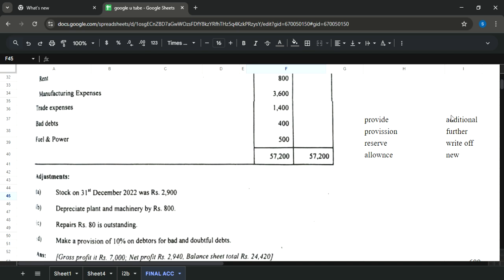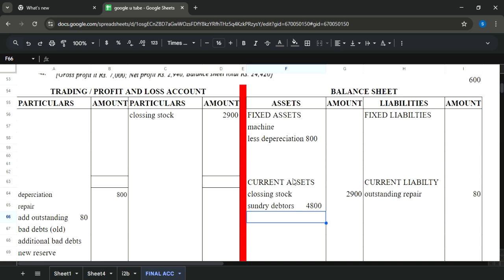As in the previous question, we have already discussed these four things. They are not present in your adjustment. Only N is present, that means new reserve is present. A, additional bad debts, is not present. But for practice, you will write over here additional bad debts. For the time being, we are going to put 0 over here. So we have got an amount of 4800.